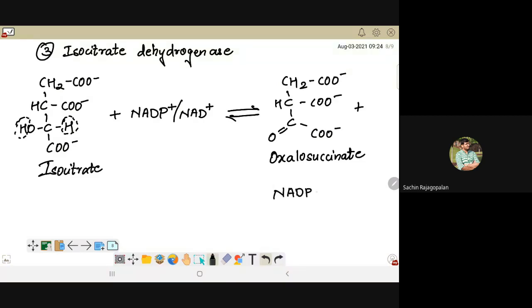And depending on whether you have NADP or NAD, you are going to have formation of NADPH or NADH and H+. So you have removed the hydrogens, one from the hydroxyl group and another associated with the same carbon, and you are converting isocitric acid to oxalosuccinic acid.